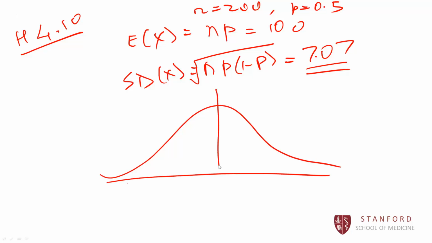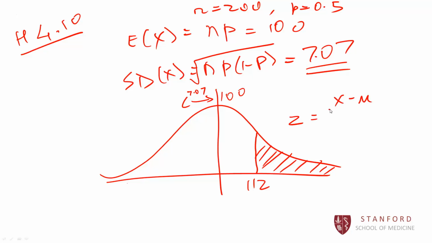Let's now go to the normal approximation. We have a mean of 100 and a standard deviation of 7.07. We want to find the probability that a number chosen from this distribution turns out to be greater than 112, which is equivalent to finding the area to the right of 112. Let's find the z-score corresponding to 112 first.